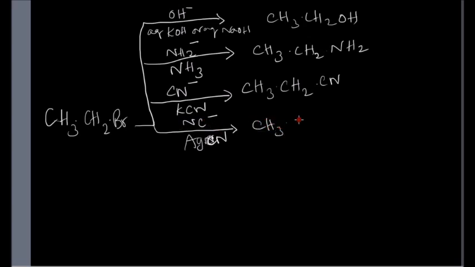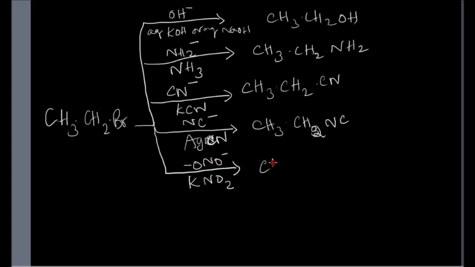It is reversed here. So it will be CH3CH2NC, which is isonitrile. Now when you supply the reagent KNO2, potassium nitrite, this will give you the nucleophile ONO minus, CH3CH2ONO, which is called ethyl nitrite.